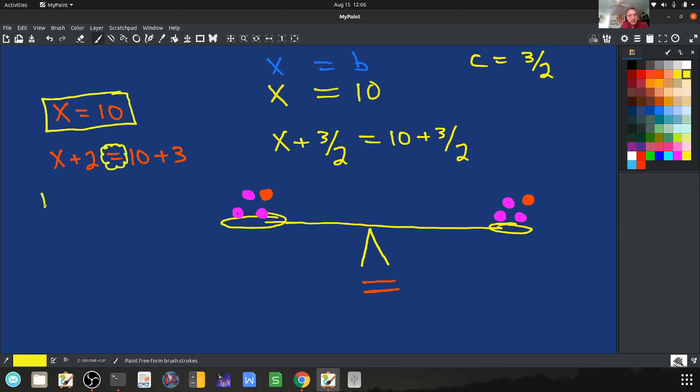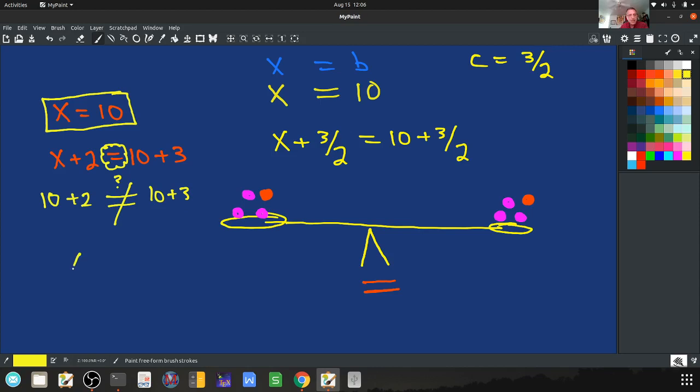Well, 10 plus 2, is that equal to 10 plus 3? Heck no. We broke the equality. And that's the number one error that I see in algebra: you do something where the equal sign no longer holds. And it's something literally as trivial as this. You add 2 to one side and 3 to the other.